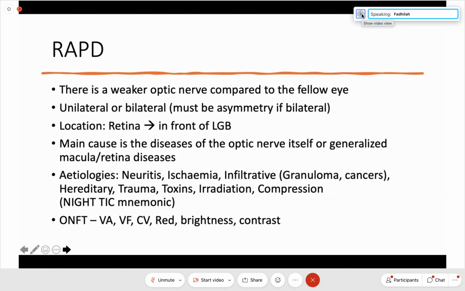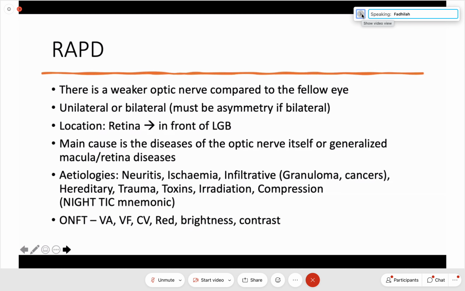It can be unilateral or bilateral. If it is bilateral, for you to see RAPD, the damage has got to be asymmetric, one more than the other. The location that can bring on RAPD is from the retina all the way to in front of the LGB.